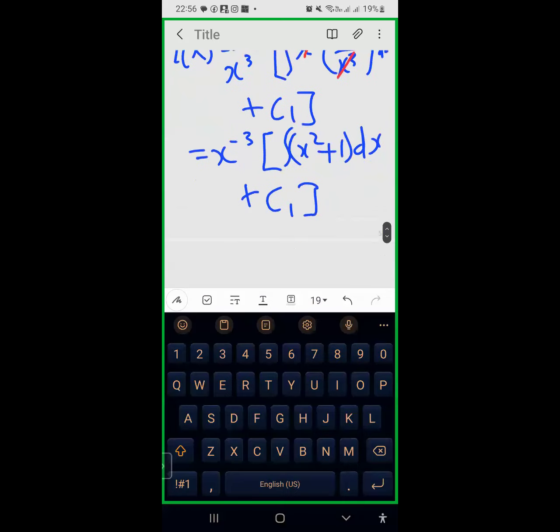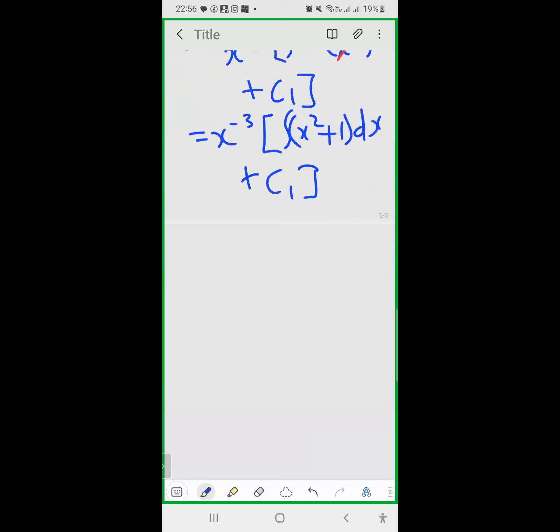Thus, z of x will be equal to x to the power minus 3, multiplied by the integral of x squared, which is x cubed divided by 3, plus the integral of 1, which is simply x, and then plus c1.